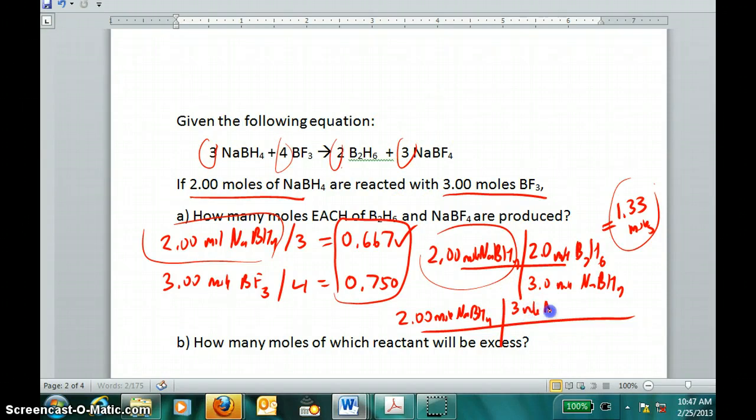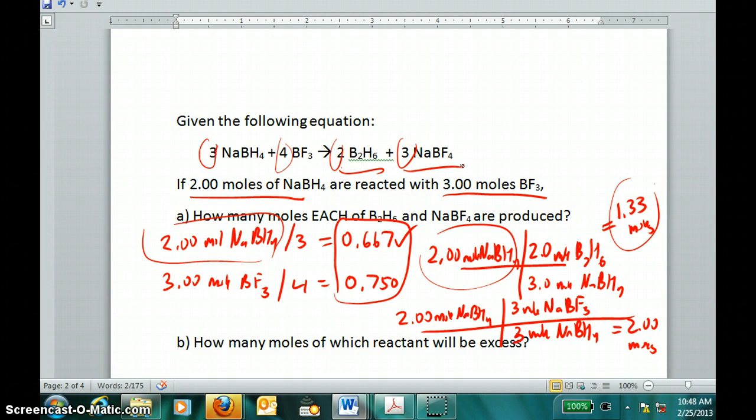So we get 3 moles NaBF3 for every 3 moles of NaBH4 consumed. You multiply that out and you will get 2.00 moles of the other product. So I get 1.33 moles of this product and 2 moles of that product.